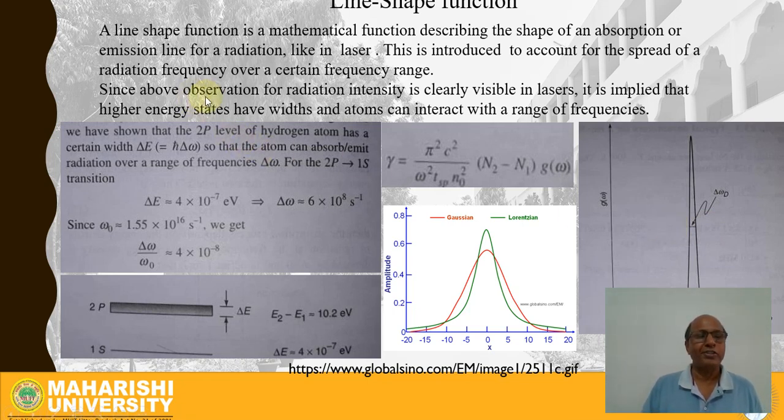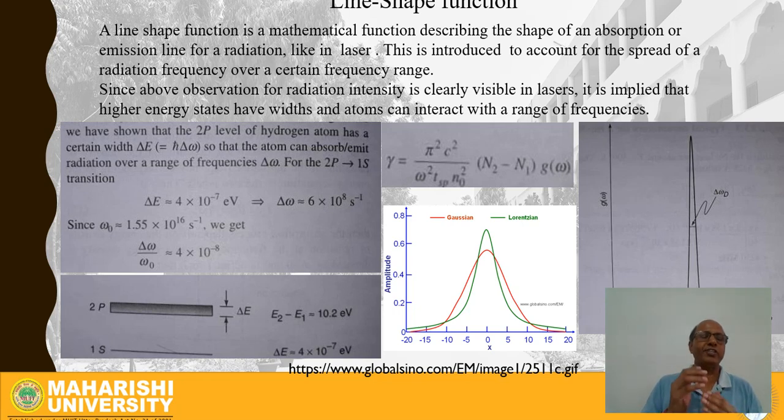In order to understand why a spread occurs, why a line shape changes from really a line to such a shape, let us look at a particular case. At the higher excited states, the states are very closely spaced.